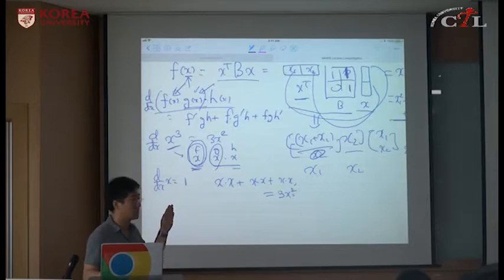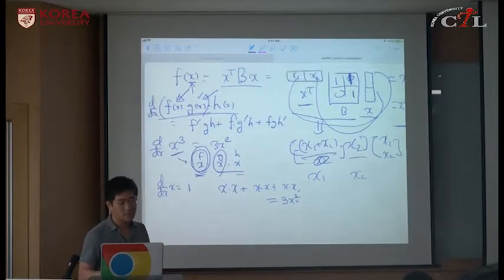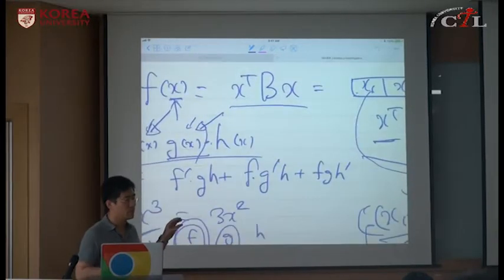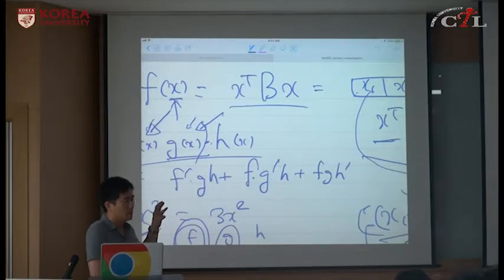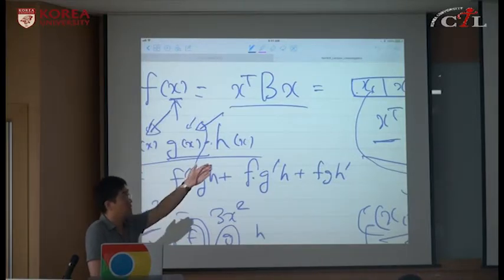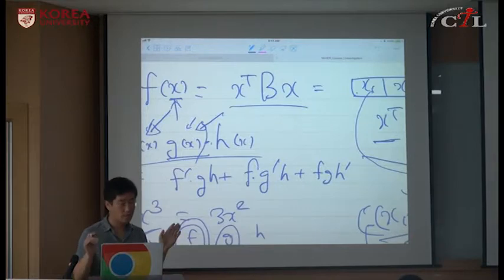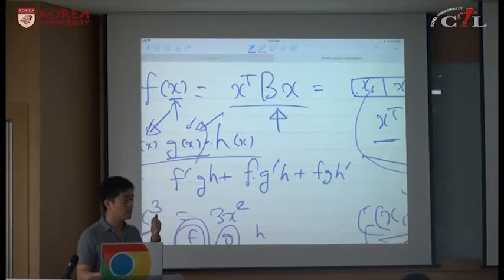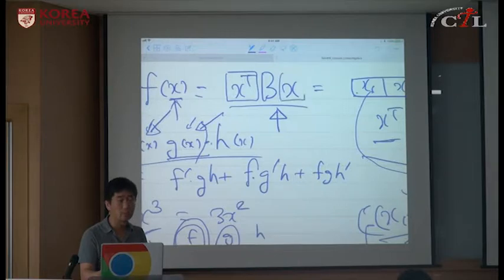So far so good, right? Even though I don't prove that this is still valid in the case of vector spaces, in this particular case we can apply the same rule. We have these two parts that contain the variable x.